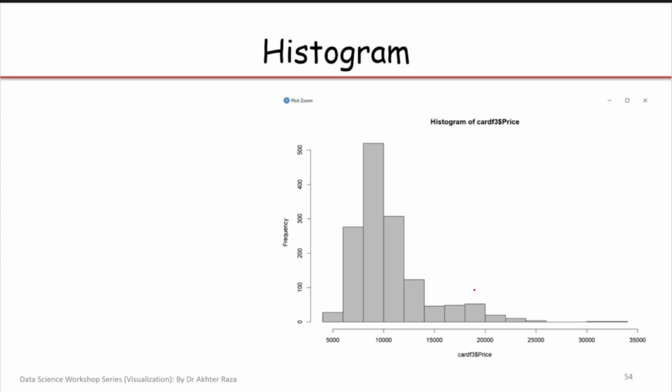What is this histogram indicating? This histogram is indicating that the distribution of prices is not normal. So the question is, is it bell-shaped? The answer is no, this is not bell-shaped, because it has a distribution which looks like this.